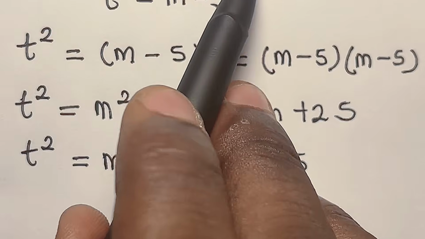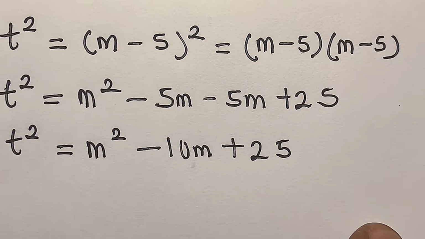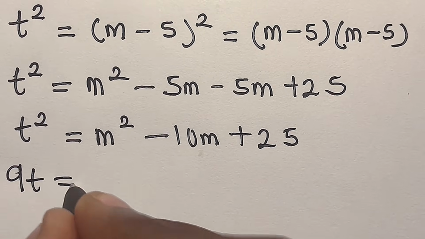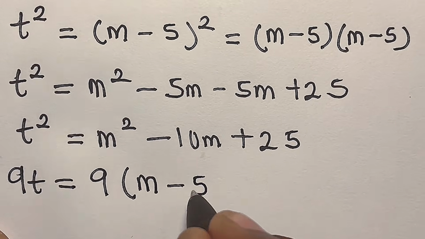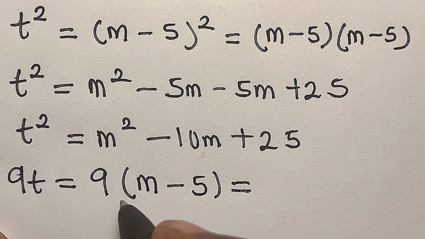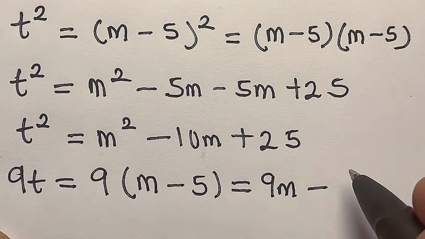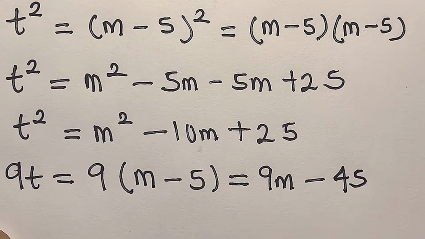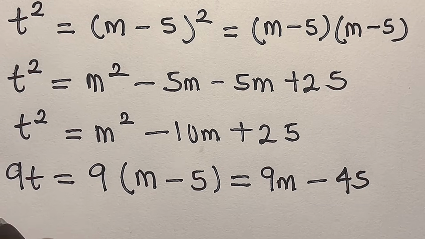Alright, so also here we have to obtain 9t, right? So 9t will be equal to 9 times what's our t? We have m minus 5. If you expand this bracket, we have 9 times m, we have 9m, minus 9 times minus 5, that is minus 45. Okay, so now it is easy for us to obtain 9t plus 8.